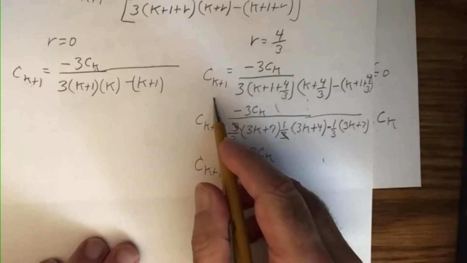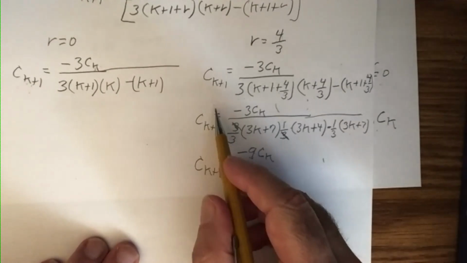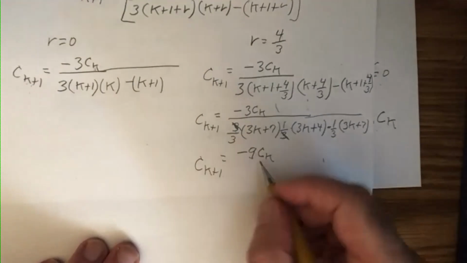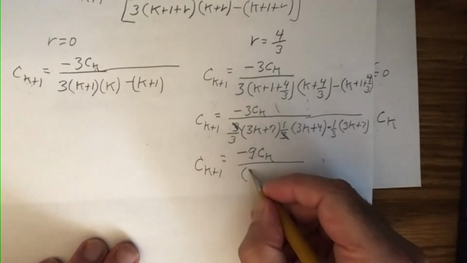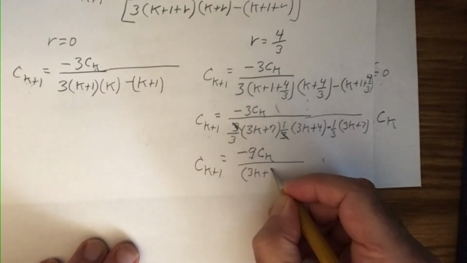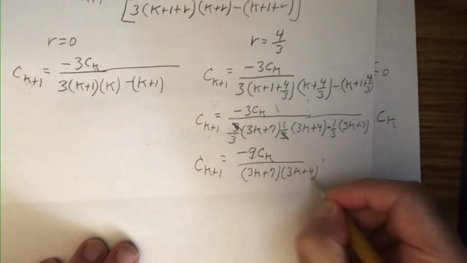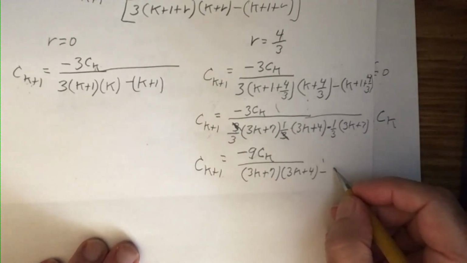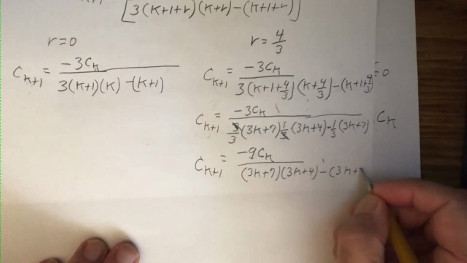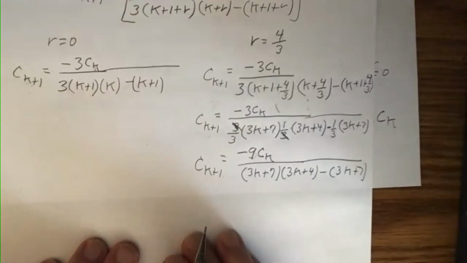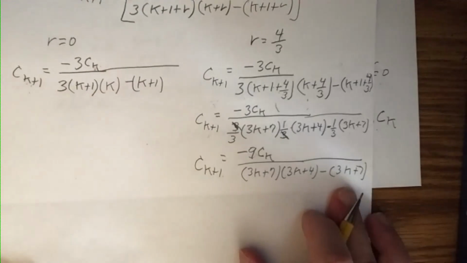So I multiply both up and down by 3, right? So this will become 9. See, now I got rid of my fractions. Like I said, you don't have to do it this way. Okay, so that's my recursion relationship.